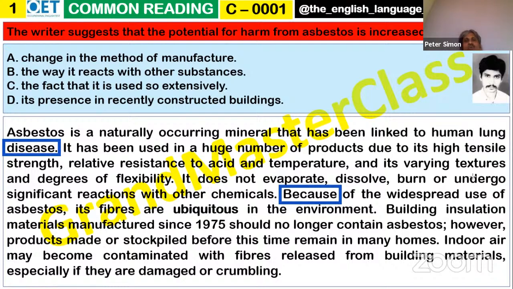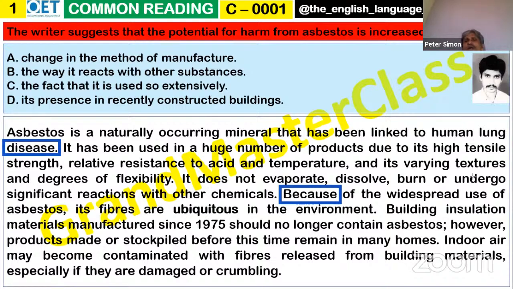It has been used. Why? Because it does not evaporate, it does not dissolve, it does not burn, it does not undergo significant reactions with other chemicals. Because of these many advantages, asbestos is used in too many compounds.